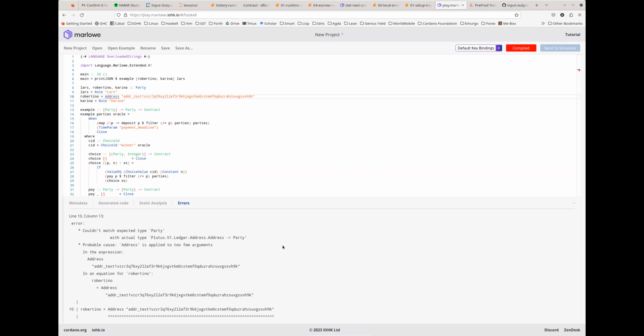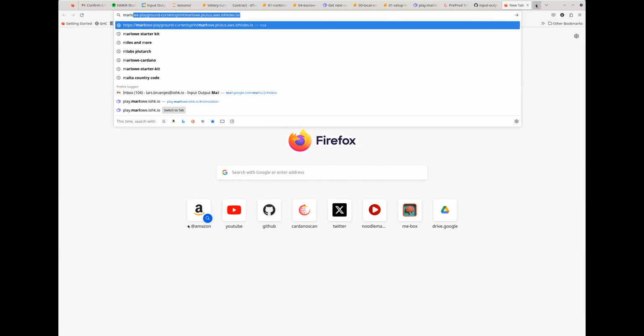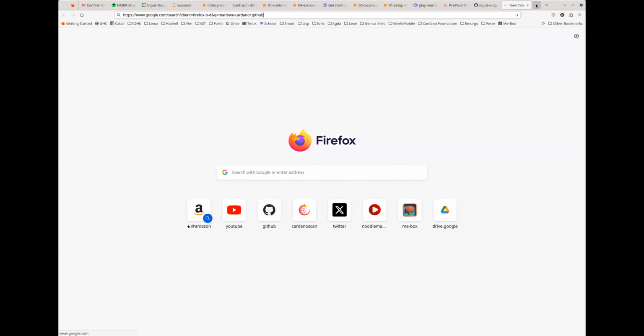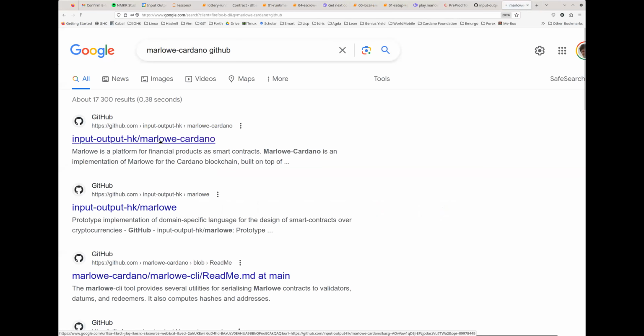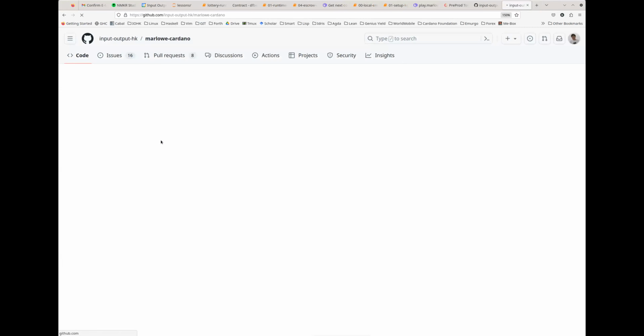Maybe it needs a staking part or something. Just try to see. So what was it called? Marlowe Cardano. Let's check.